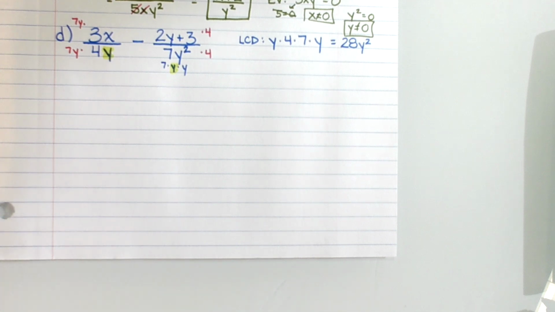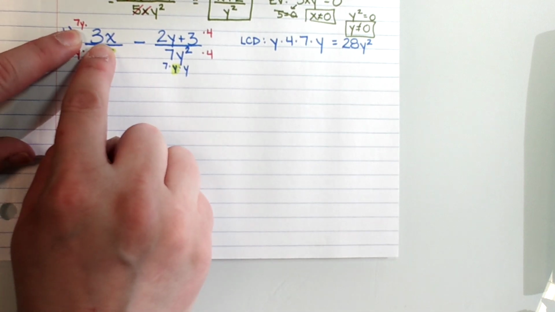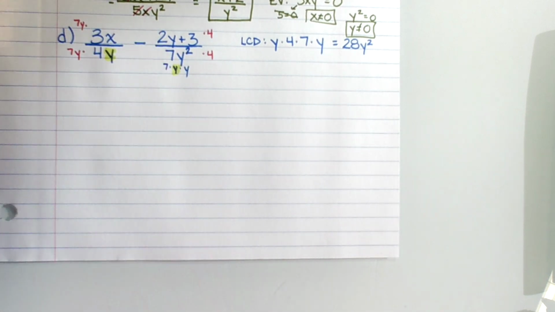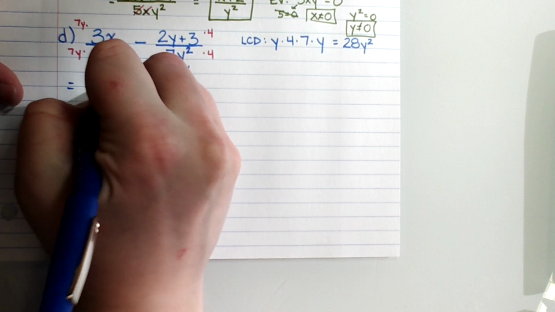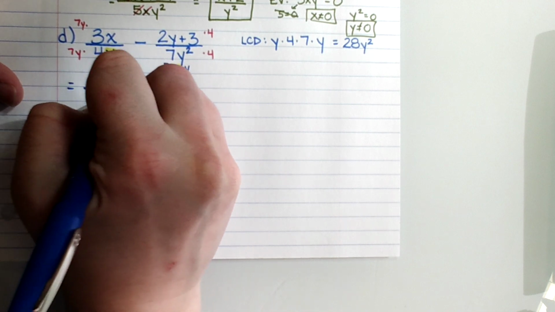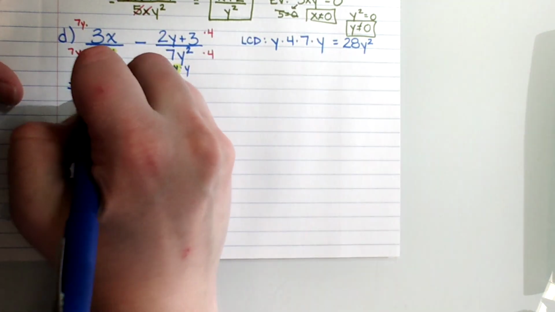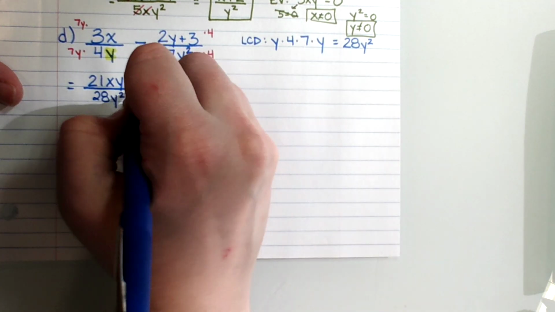And I do the multiplication. What is 7y times 3x? 21xy. Denominator, 28y squared. It should be the LCD.